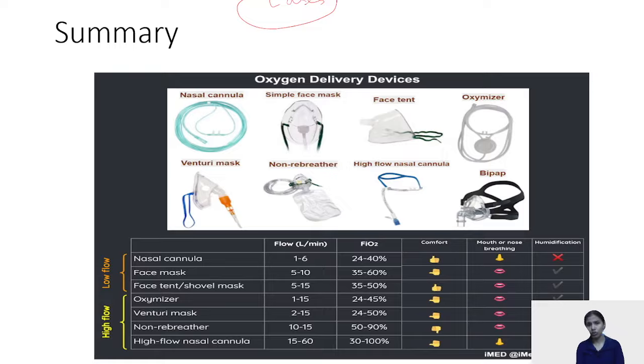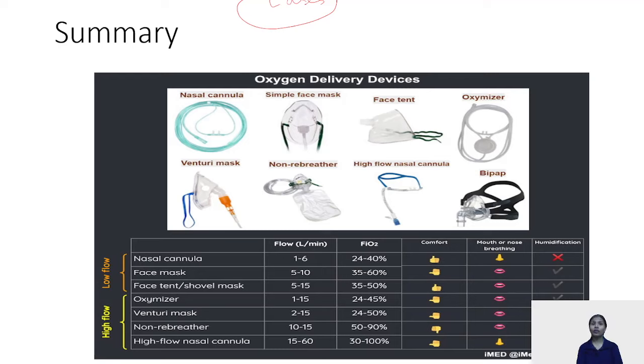For such a patient, the answer is non-rebreathing mask, in which you can deliver an FiO2 of around 80 to 90%.